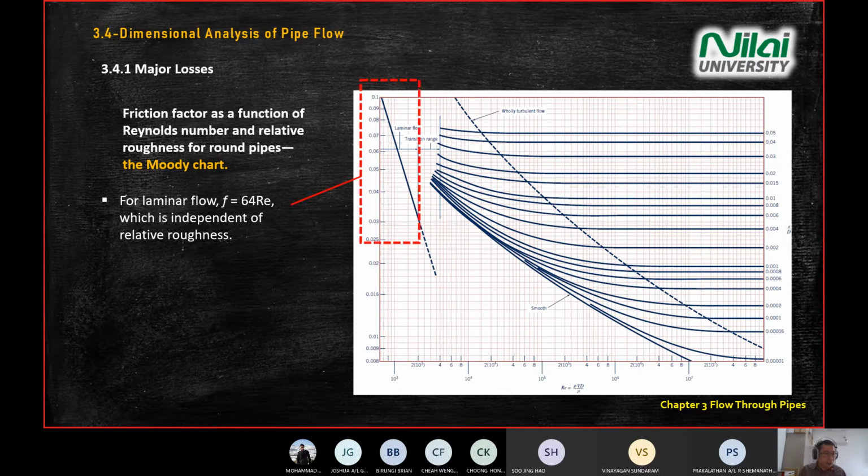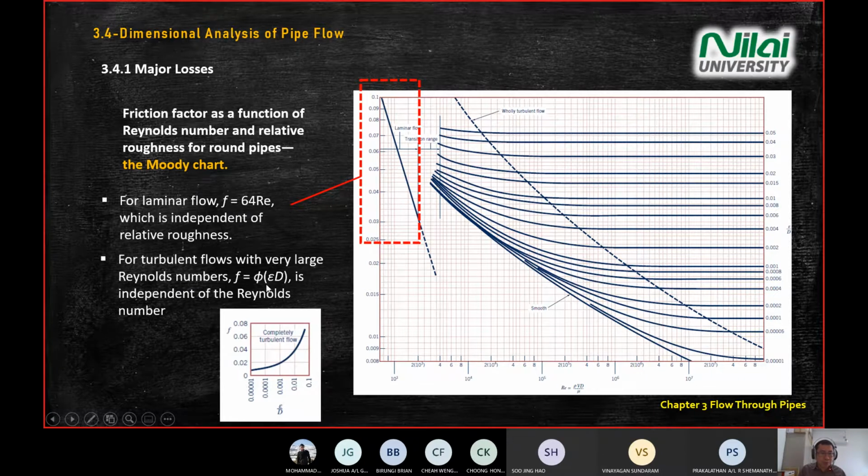Okay, just some notes on the chart. For laminar flow, your friction factor is 64 over Reynolds number. In this region, the friction factor is 64 over Reynolds number.